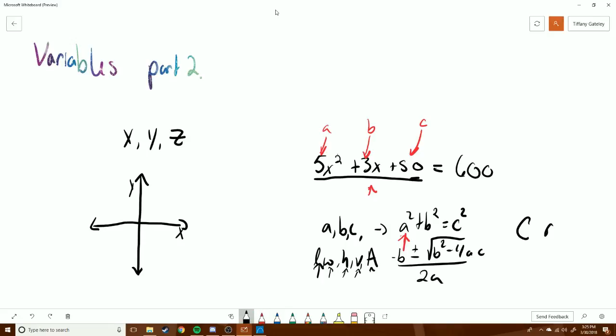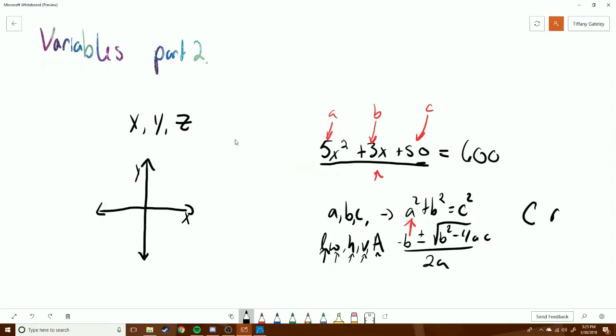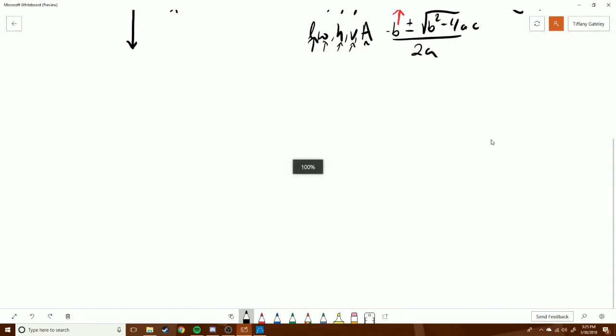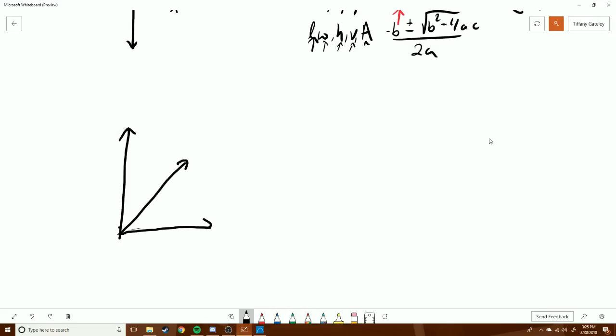Oh, I need to touch on Z. Z is also part of your coordinate. So if you have an X, Y, and Z coordinate system, which again, you probably won't get into until Cal 3, but I'm going to show you anyway so you can see it. Now you've moved from a coordinate plane to coordinate space, a three-dimensional space.